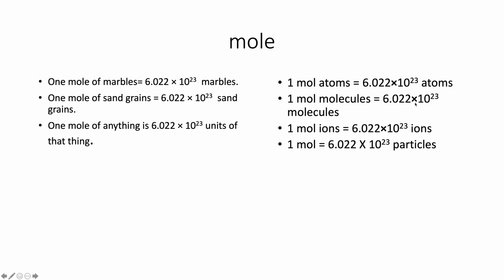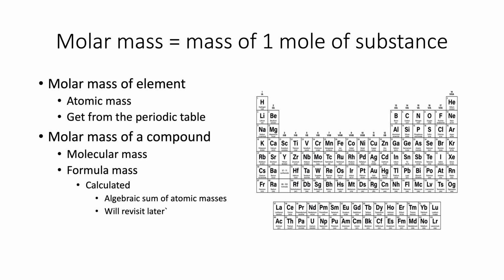A mole of molecules, 6.022 times 10 to the 23rd molecules. A mole of ions, Avogadro's number of ions, and so on. So in general, I use the word particles because atoms, molecules, and ions are all particles. So it's particles per mole. And you'll see how the units play out later.